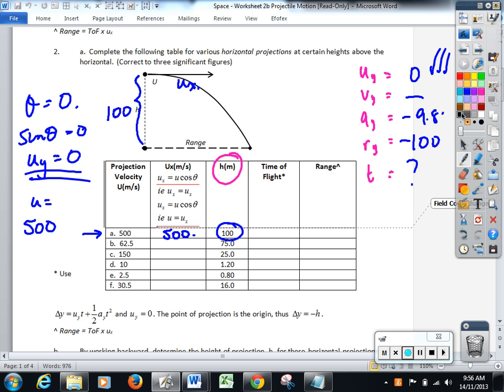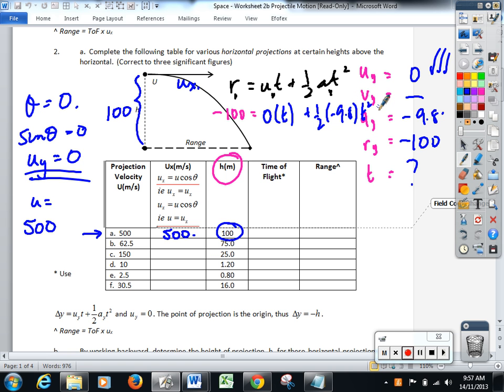So looking at the formula, which is r equals ut plus a half at squared, and these are all subscripted with y's. R is minus 100, so popping in that value there as minus 100. U is beautifully 0. So it's 0 times time, which we're trying to find, it goes away, plus a half, negative 9.8 times t squared.